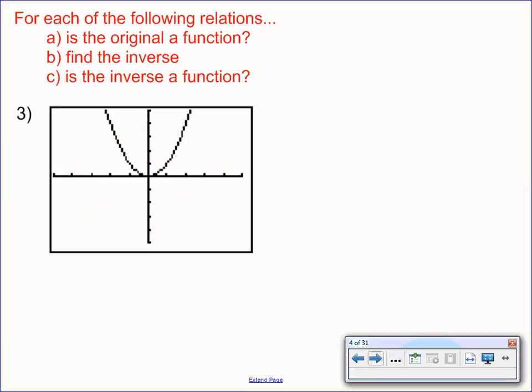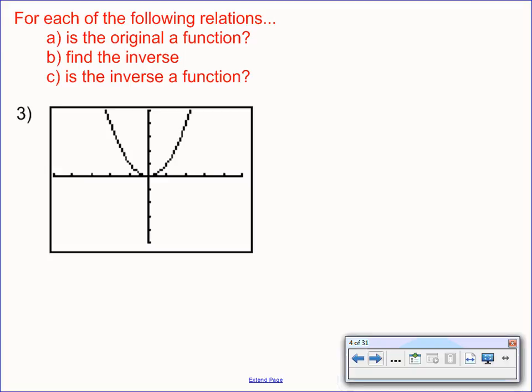One to go. From the original, can we generate an inverse if we're given a graph? You bet your boots. But first, go ahead and tell the class, is the original a function? So the one you're looking at. Heather and Marina? No, how come?